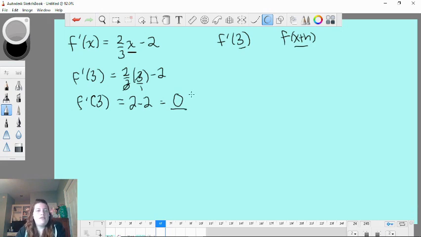So what is that telling us? What is that finding? If you had a graph and a point at x equals 3, the slope is what we're finding. Your derivative gives you the slope at that point, x at 3. So our slope at 3 is 0. What is a 0 slope?